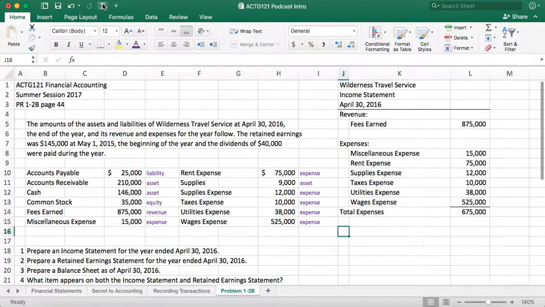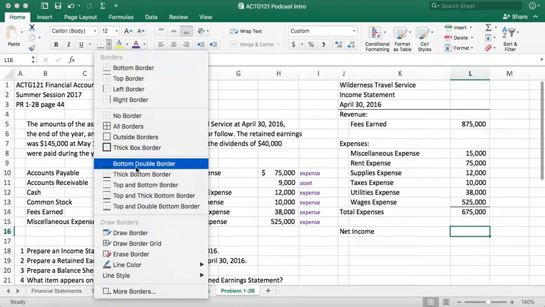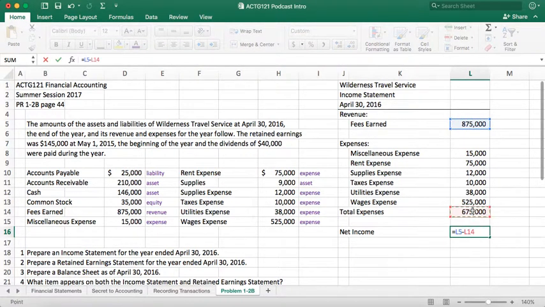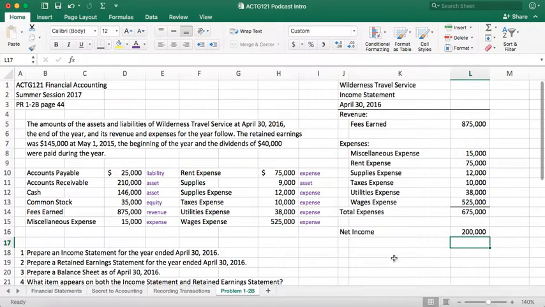So revenue less expenses is going to be net income. Oop, got a little crazy there. So we always double underline what's important. Revenue less expenses, 200,000. So that is the answer to number one, or the financial statement.